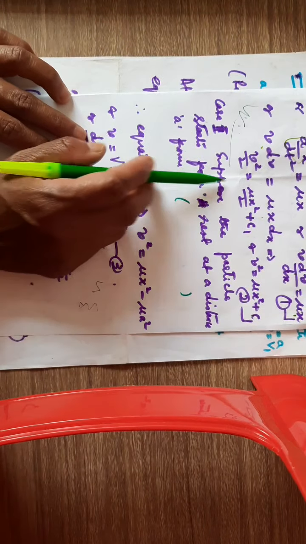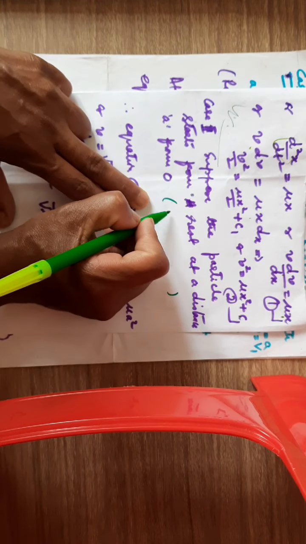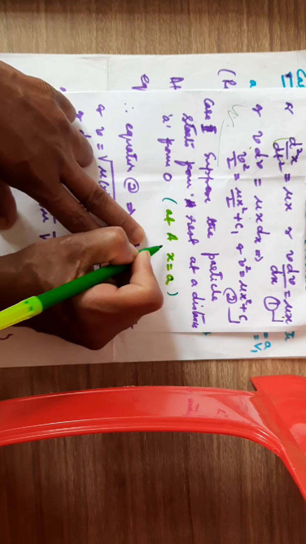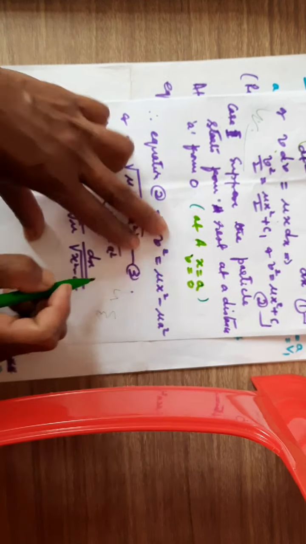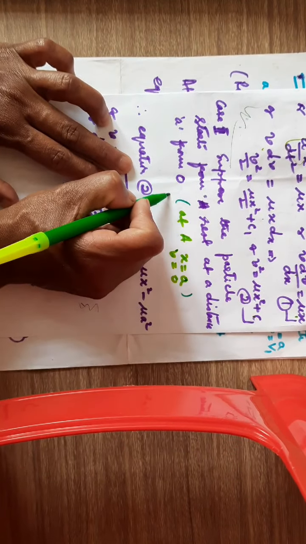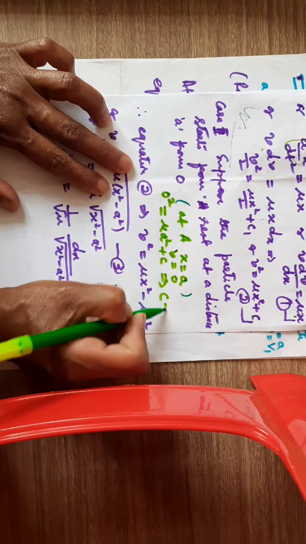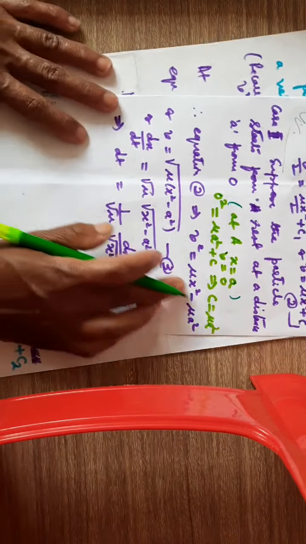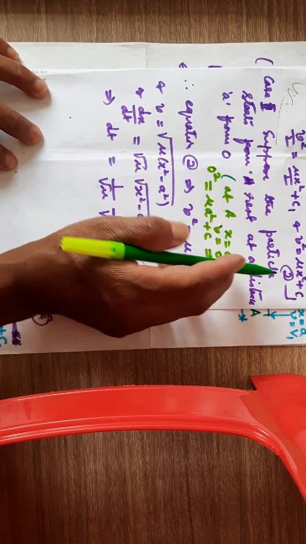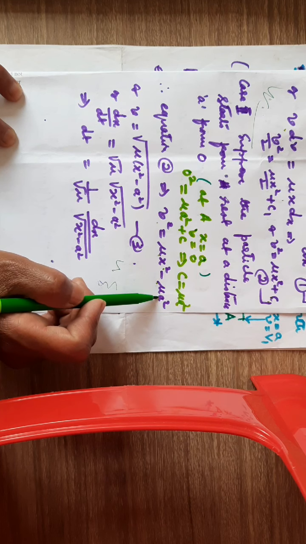So from equation 2, using the condition that at x = a, v = 0, if you substitute it here, you'll get 0² = mu a² + c. So finally you'll get c = −mu a². After evaluating the constant c, you can substitute it again in equation 2. So v² now becomes mu x² − mu a².